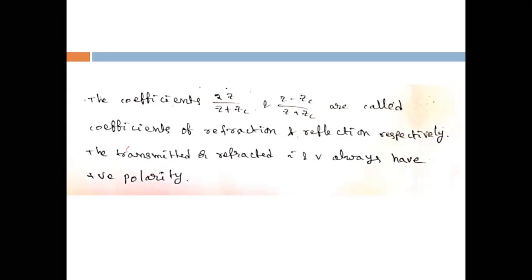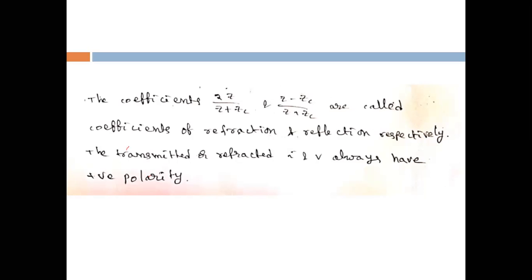If zc, the characteristic impedance, is greater than the normal impedance z, in that case the voltage wave is negative.